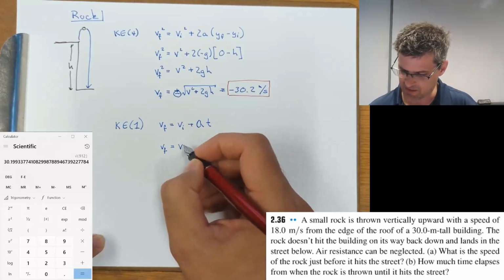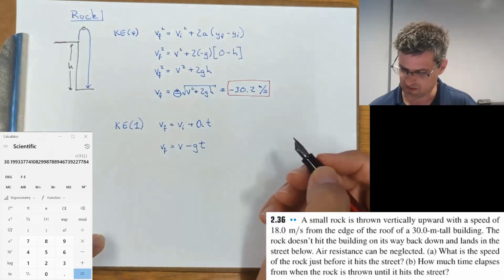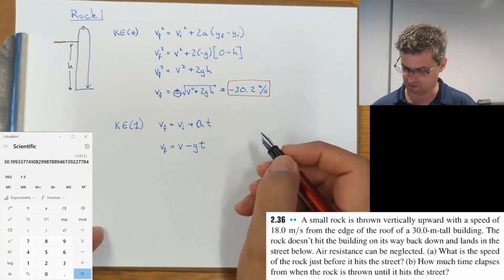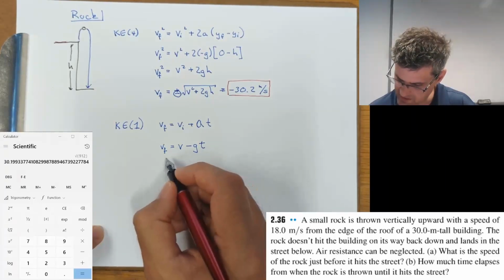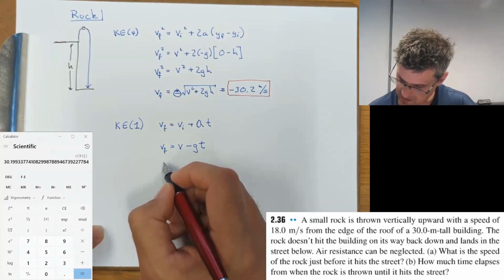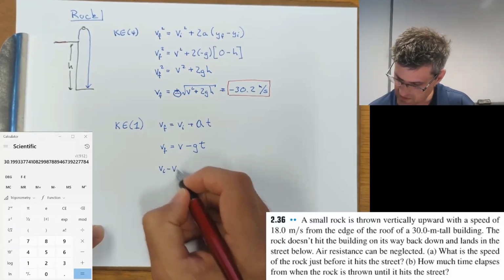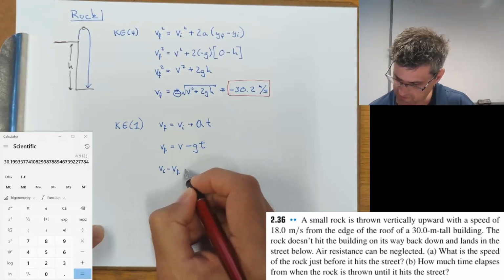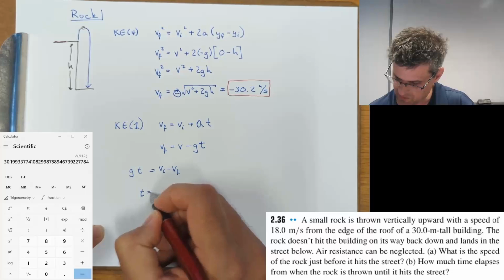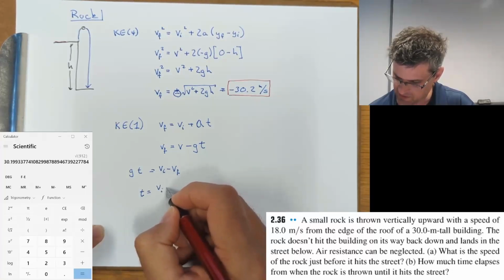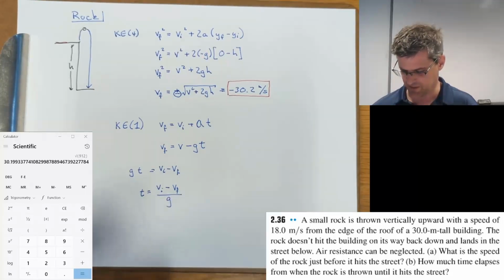Our initial velocity is v. Our acceleration is g. And we're asked to find the time, right? So what I see is v initial minus v final is equal to gt, or t is equal to v initial minus v final over g.